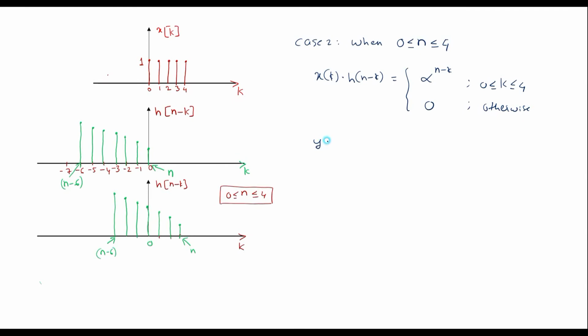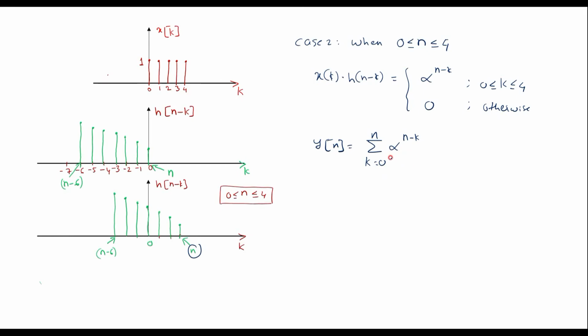So therefore now I can write y of n is equal to summation, k varies from only the samples which exist between 0 to n will overlap with h of k, and only those will be multiplied. Therefore, the summation varies from k equal to 0 to k equal to n, it will be alpha power n minus k.